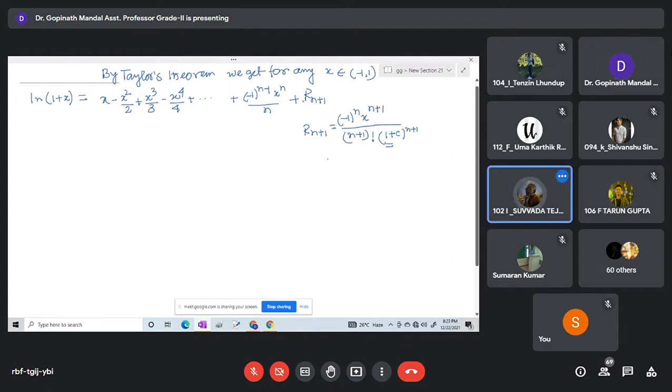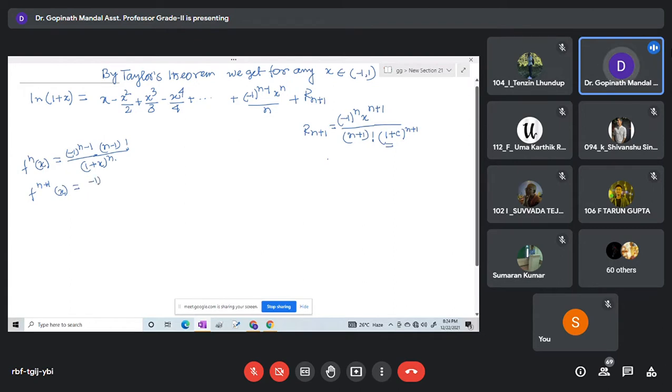So we should have 0, sir, in place of x. Actually just replace what was our fn x. fn x was Lx plus Rn. -1 to the power n minus 1 n minus 1 factorial by 1 plus x to the power n, and what was for f n plus 1 x, that was -1 to the power n factorial n by n plus 1 plus x to the power n plus 1, that was the term.